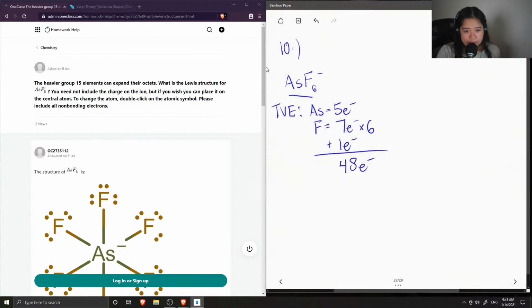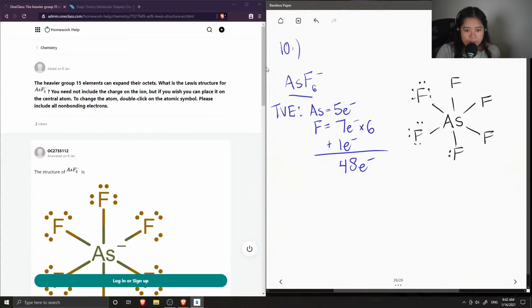So now I'm going to write arsenic as my central atom, and then symmetrically draw all of my fluorines all around. I'll fill in the lone pairs on the fluorines as well.